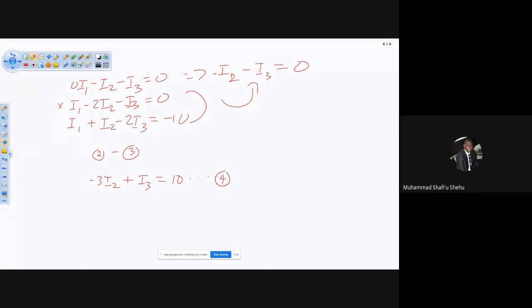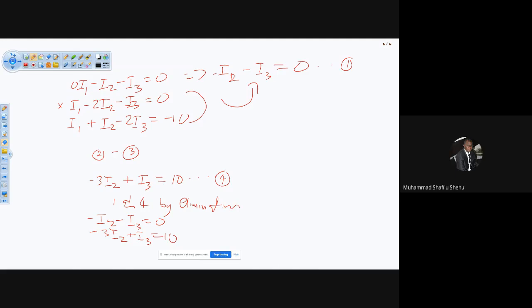So equation 4 and equation 1 are now of the same format, or look similar. So we can now solve equation 1 and 4 by elimination. So we have minus I2 minus I3 equal to 0, and minus 3I2 plus I3 equal to 10.